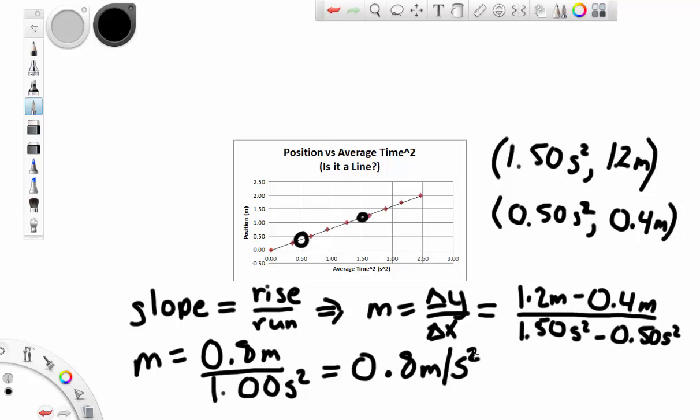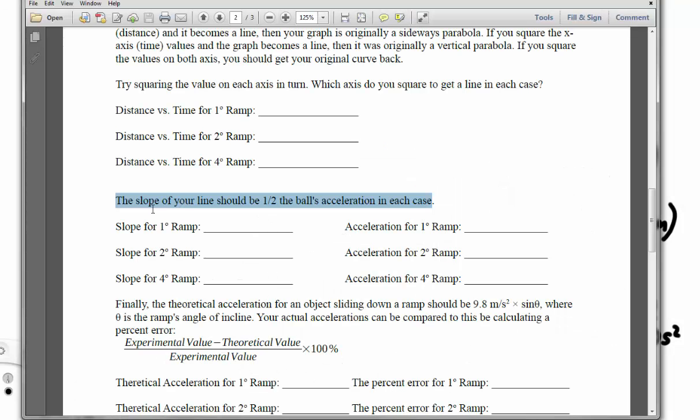The next stage after that is basically to get an acceleration from this. And what you can do for that is that the instructions tell you explicitly in this lab manual the slope of your line should be half the ball's acceleration in each case.